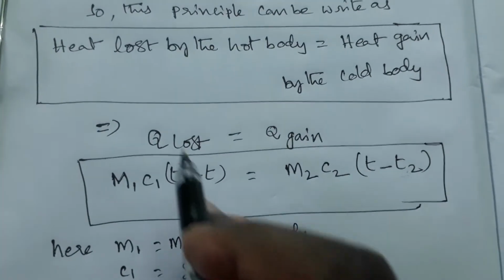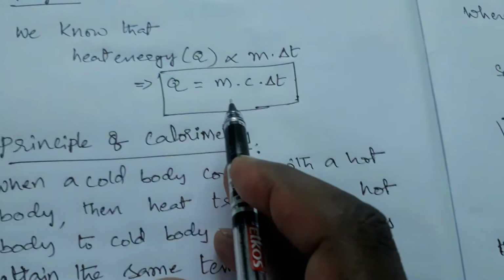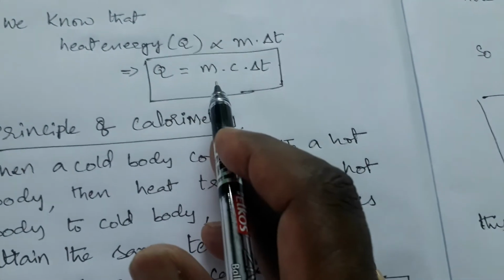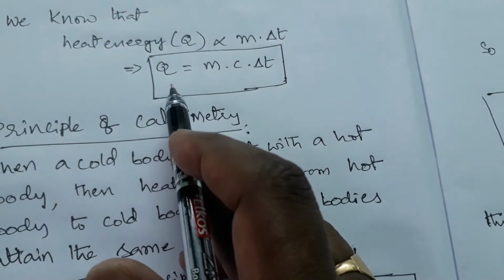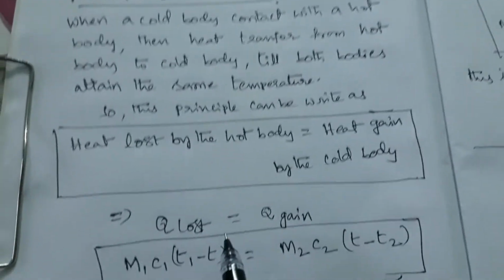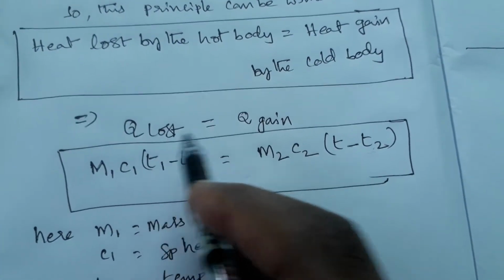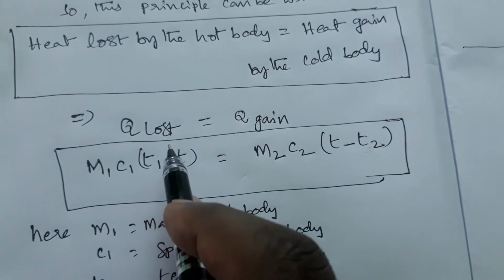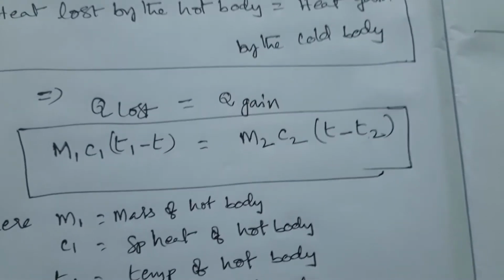The formula for Q I explained in the beginning itself. Q means mc delta T: mass, specific heat of the substance, and change of the temperature. Using this formula, we can write Q lost is equal to Q gain. Heat energy lost by the hot body is equal to heat energy gained by the cold body.